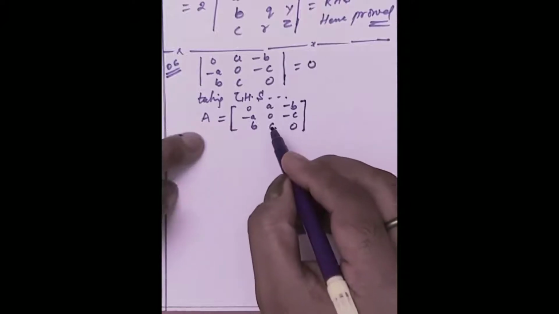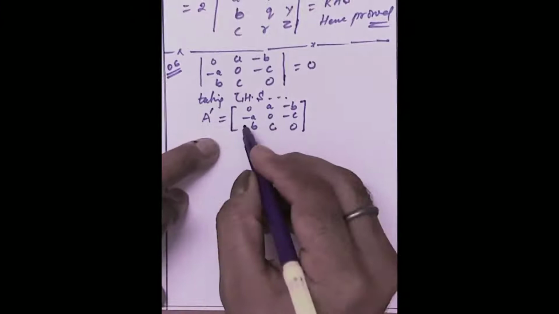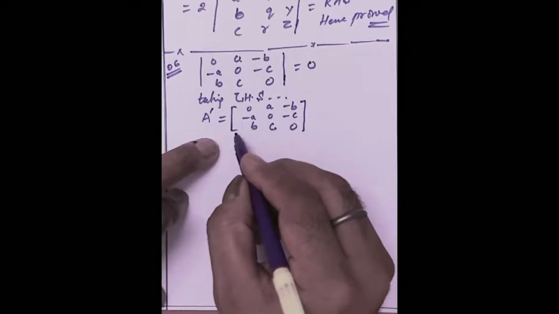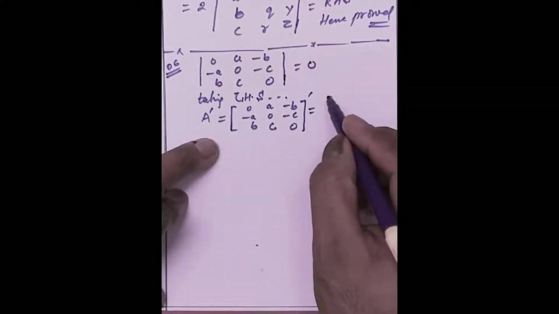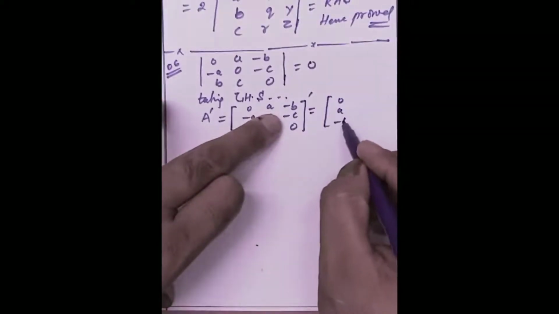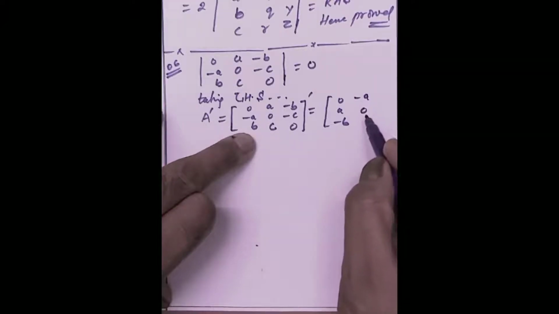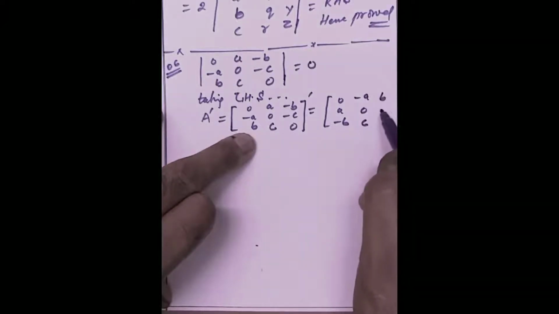and we denote it by suppose letter A, and then minus b minus c and 0. Now let us take its transpose. Then transpose of this matrix is equal to 0 a minus b, minus a 0 c and b c 0. This is transpose. Now let us take minus common from this matrix, last one.